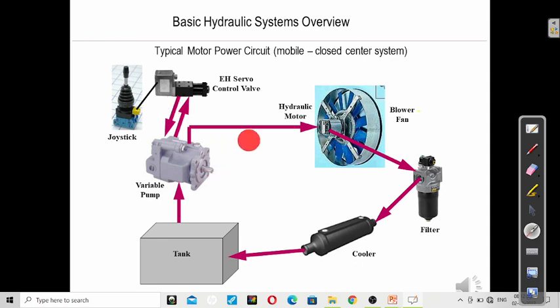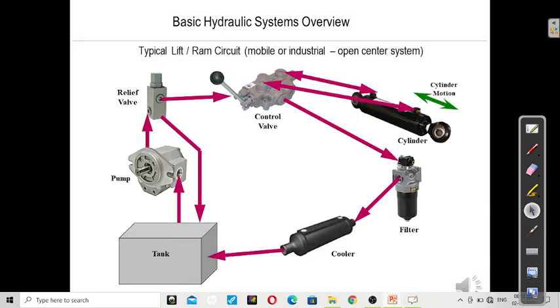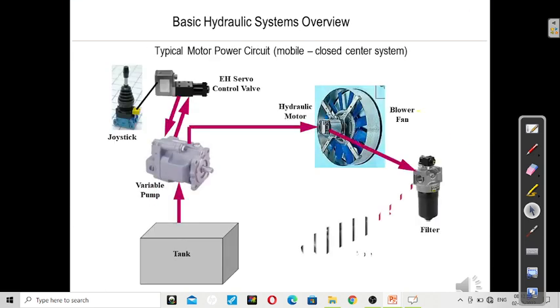We can use the hydraulic motor here because if we go for a normal pump, we cannot connect a hydraulic motor, whereas from here we can connect the hydraulic motor. This is the advantage of the typical motor power circuit. We can actuate the hydraulic motor. It is connected with the blower fan. This blower fan will rotate depending on the pressurized oil that comes from there.